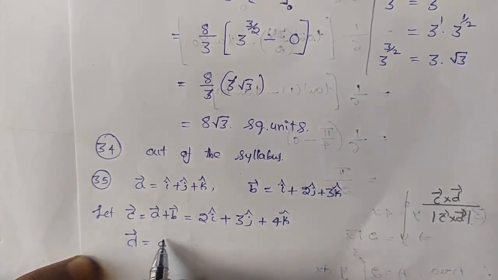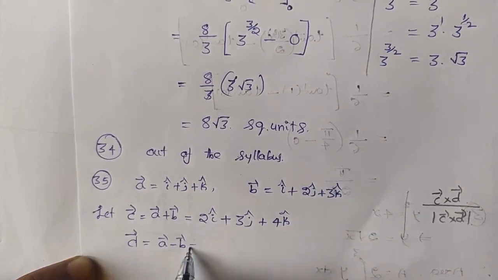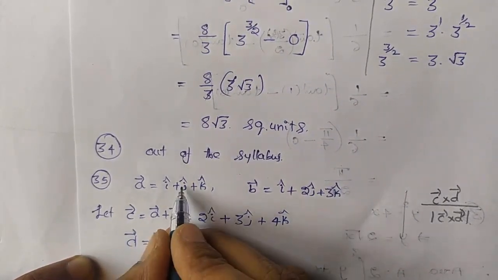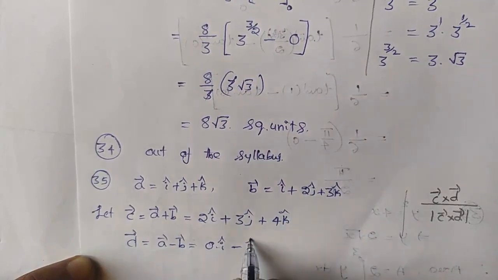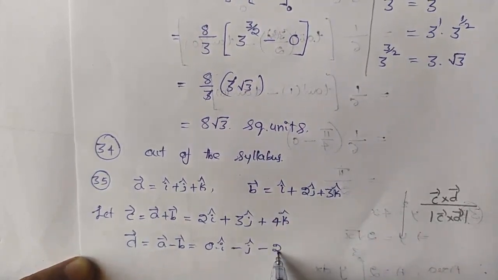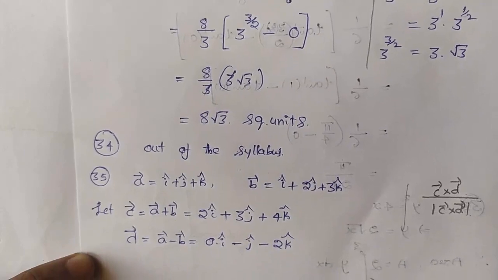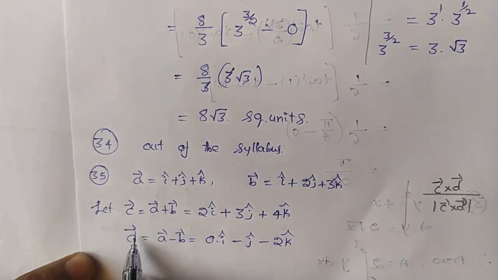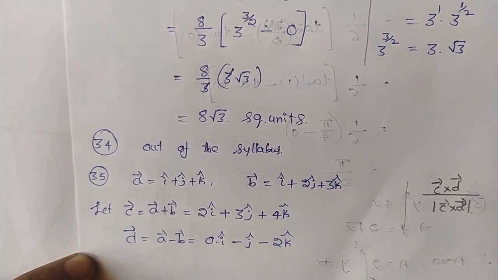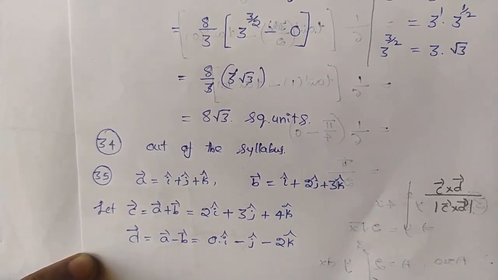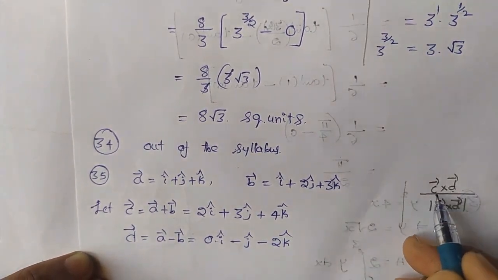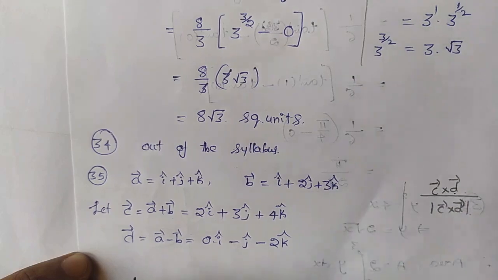D vector is a minus b. i minus i is 0i. Next, j minus 2j is minus j. k minus 3k is minus 2k. Now we found c vector and d vector. Now see the formula. You just remember the formula, c cross d. First we need to find c cross d.